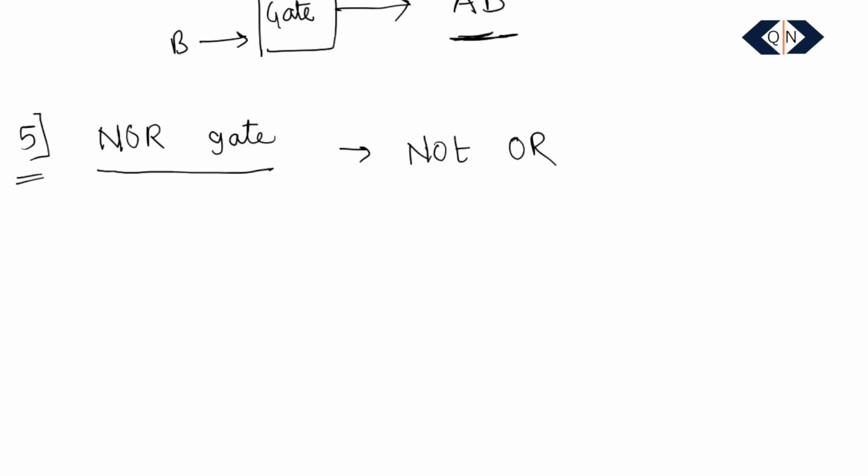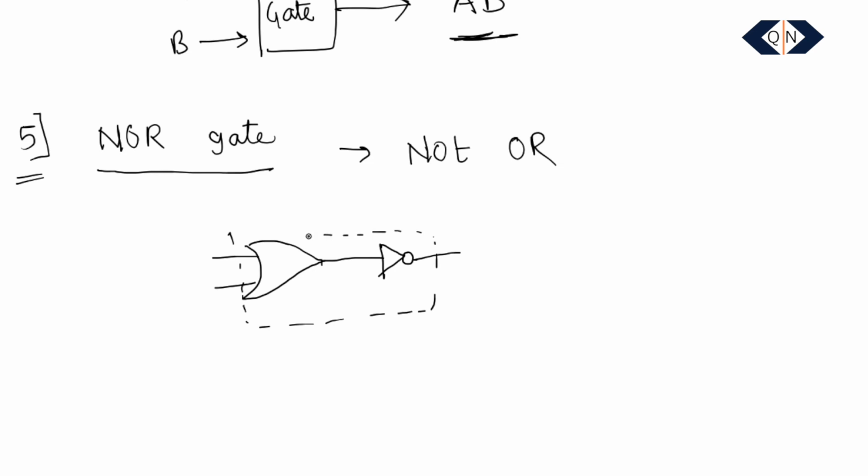Now talking about NOR gate. NOR gate is the combination of OR gate and NOT gate. This combo is known as NOR gate.